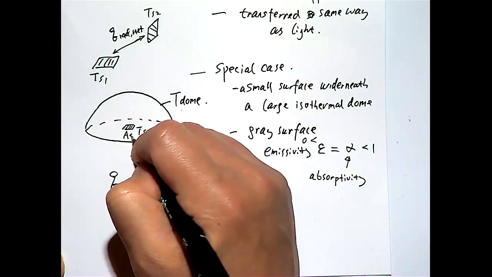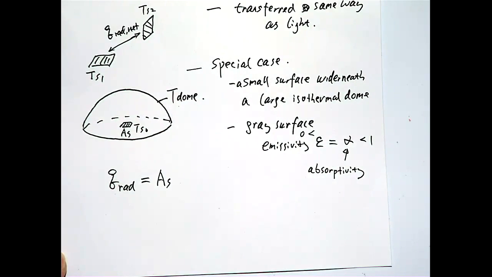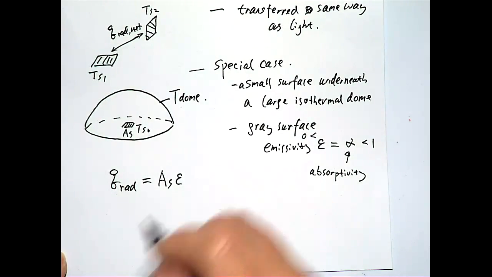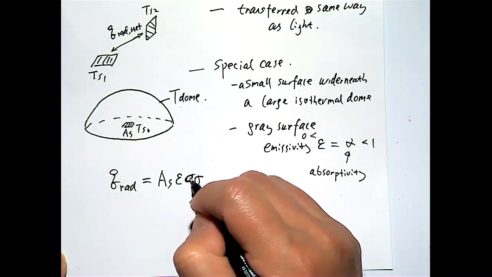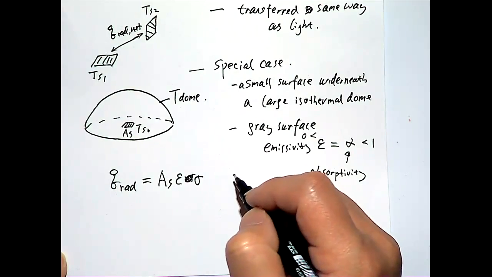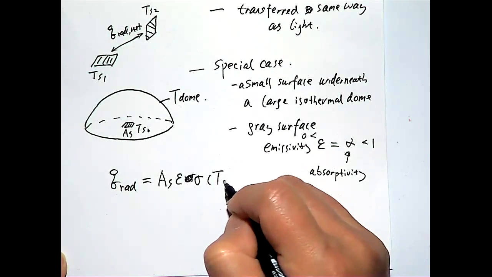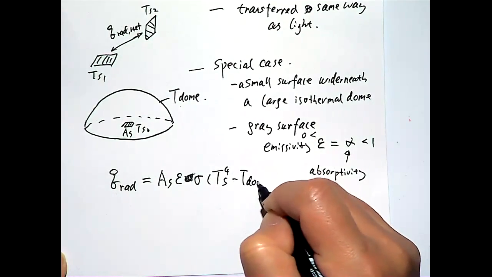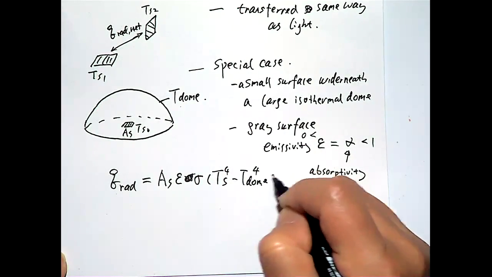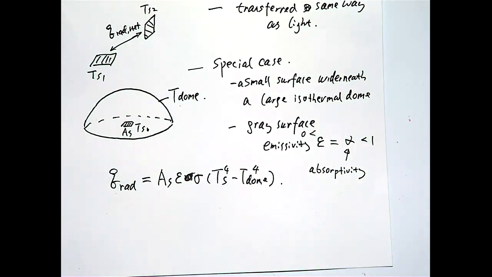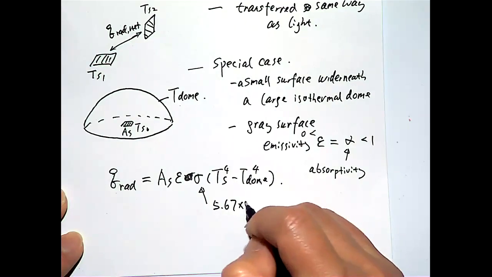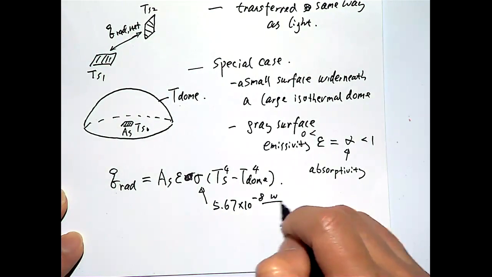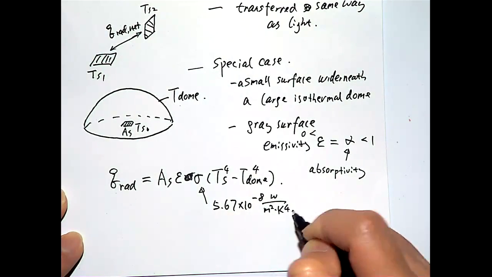I should say that's the small surface area there, times the epsilon, which equals alpha, times a constant, which is sigma, and then times the temperature difference, Ts to the fourth minus T dome to the fourth, both to the power of four. So this is a constant. It's called the Stefan-Boltzmann constant, and has a value of 5.67 times 10 to the minus 8 watts per meter square per K to the fourth power.